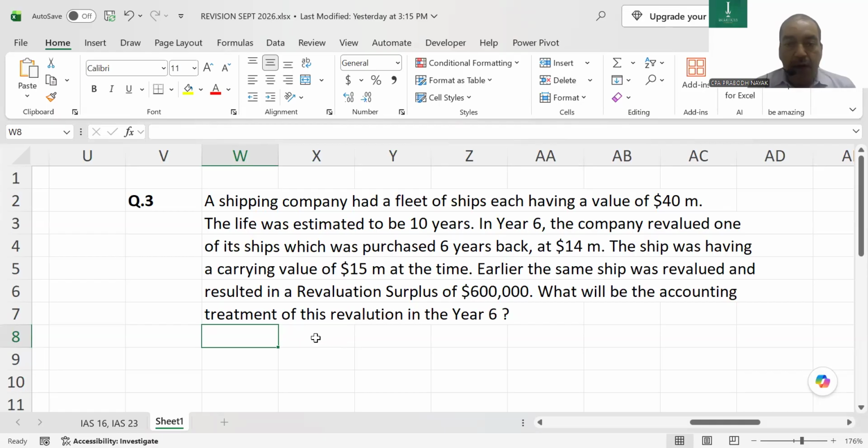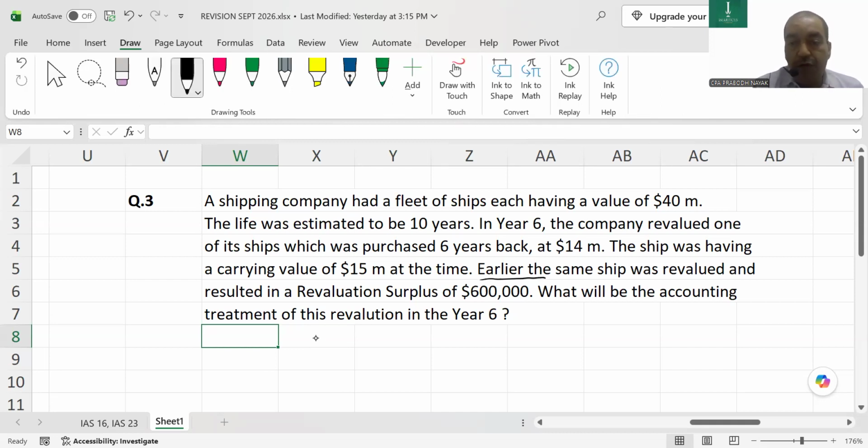Earlier, the same ship was revalued. मतलब 6 साल के बाद $15 million से $14 million की रिवैल्यू, तो $1 million का लॉस. But earlier than that, there was a revaluation surplus of $600,000. What will be the accounting treatment of this revaluation in year 6?